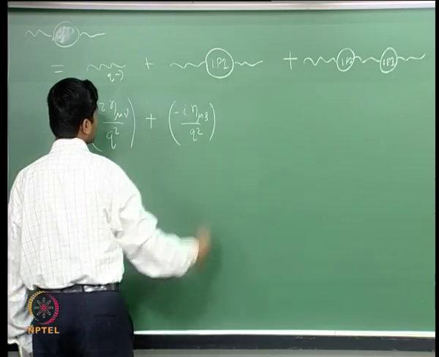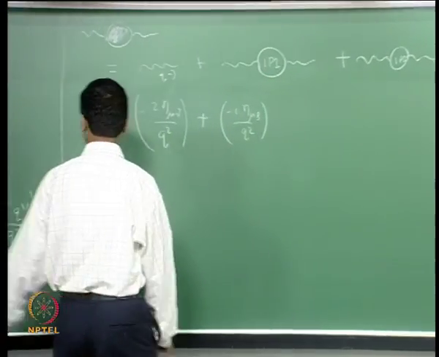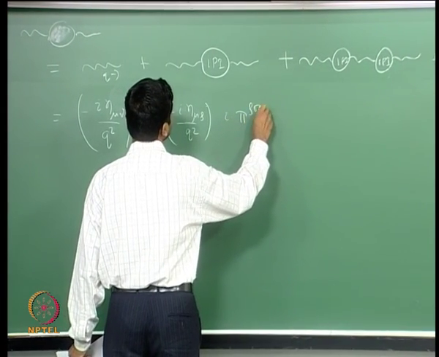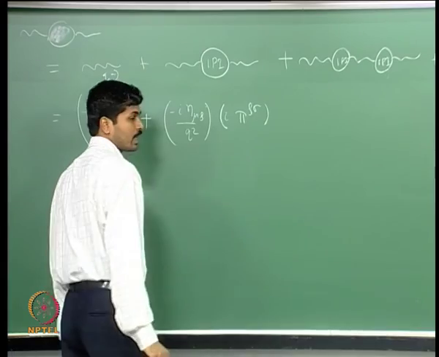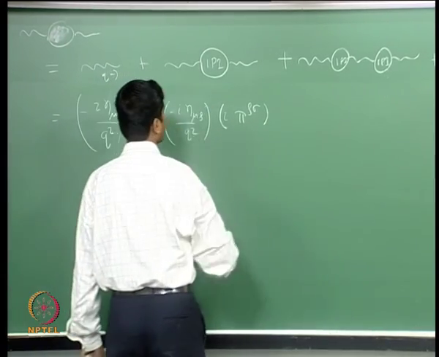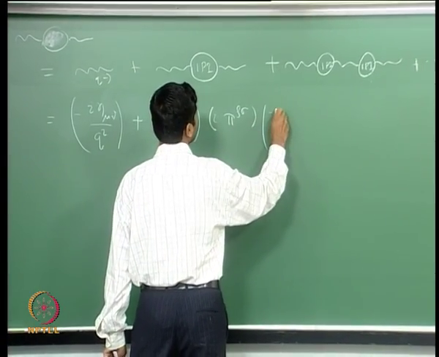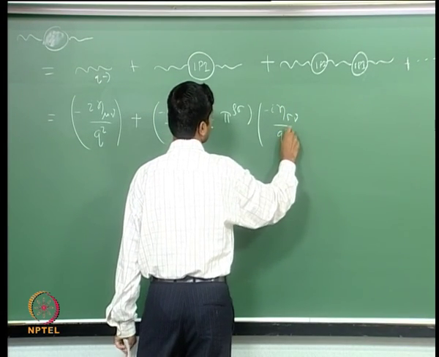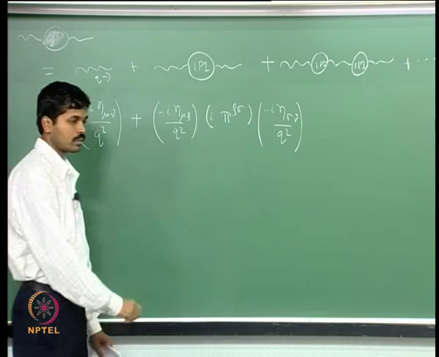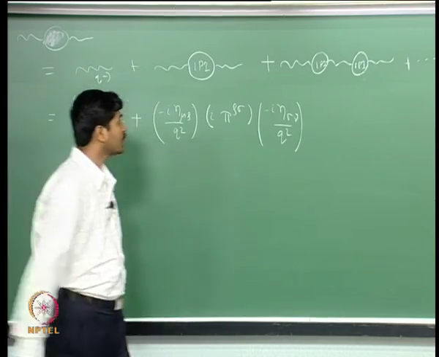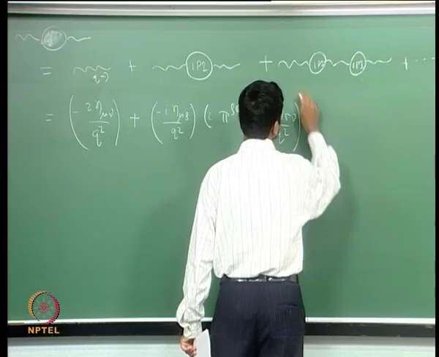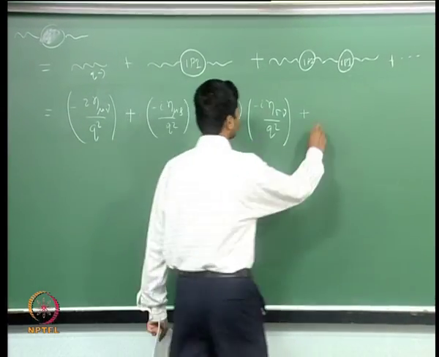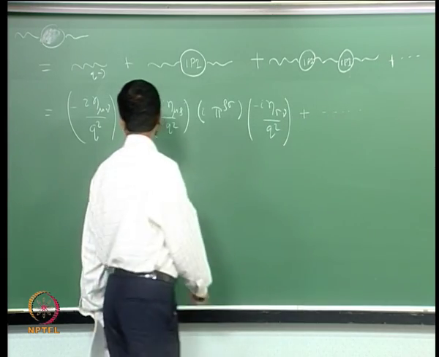Then you will have this, which I denote to be i π_ρσ, and you have finally the photon propagator here, which is again given by minus i η_σν divided by q². Then you have a diagram here, which will have two such terms and so on. So, this is what you are going to get here.